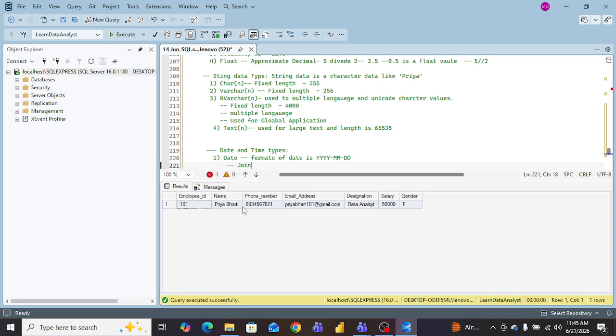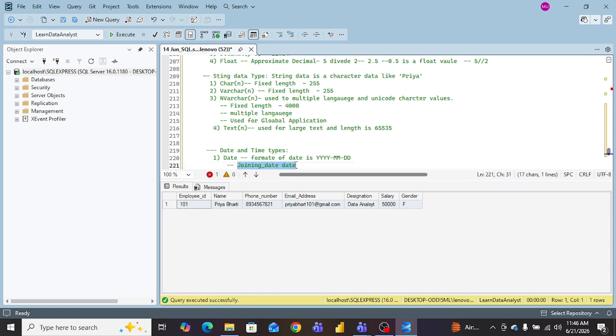So the joining date. What do we have to mention? We have to mention only the date, like this, which shows the date. We have to use this format. If we write anything else, SQL Server will deny inserting the value.